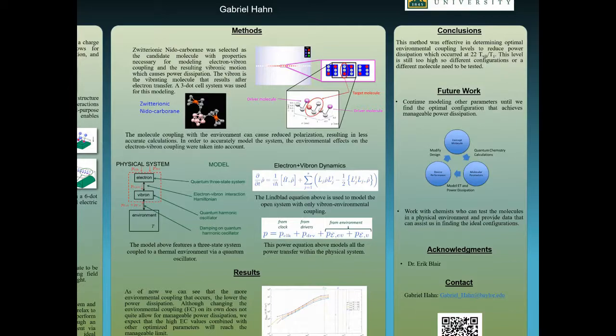This is, like I said, still too high, but we'll work with chemists who can test the actual molecules in a physical environment and provide data that can assist us in finding ideal configurations, or maybe they'll just tell us that we need a different molecule, and then we can keep going through this cycle of creating, testing, sending data back and forth until we find the ideal configuration.